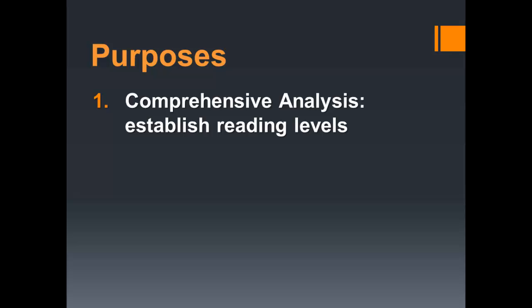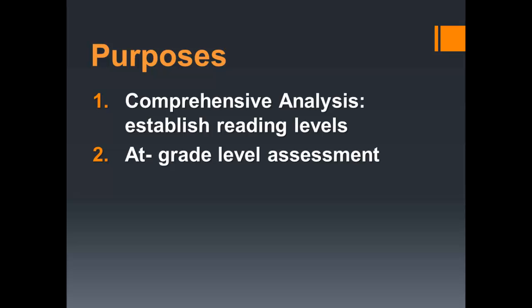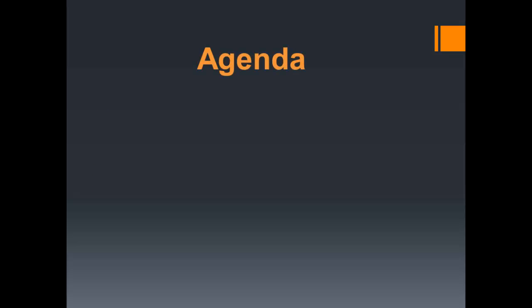That means you're going to look at strengths, you're going to look at weaknesses, you're going to look at things that could have contributed to where the student now stands so that you could establish reading levels. Also, if you're a classroom teacher, you can conduct an at-grade level assessment, only using the current grade level materials. Or you can use the CRI for progress monitoring.